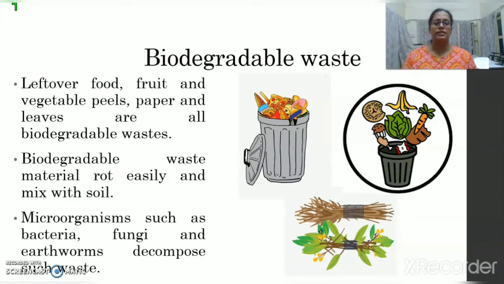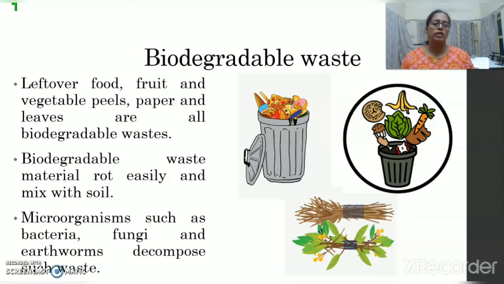Biodegradable waste is leftover food, fruit and vegetable peels, paper, leaves, etc. Why is it called biodegradable waste? Because it decomposes easily and it rots. Rot means सड़ जाता है, right? It rots easily and mixes with the soil.